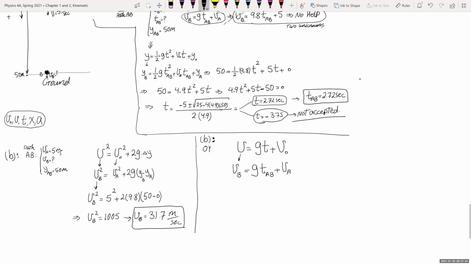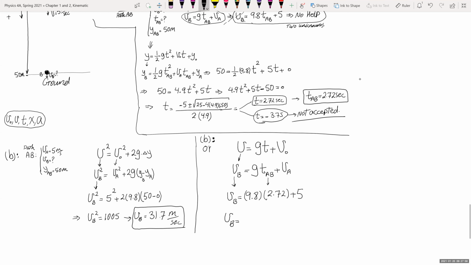Watch it. They want me to find VB. Okay, VB equals, g is 9.8, TAB we don't have from the question, but we found it in part A, so I'm going to put 2.72. And VA is 5.